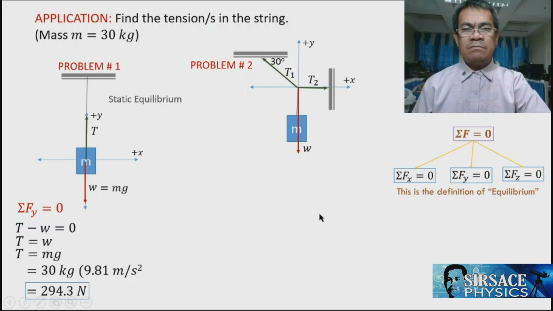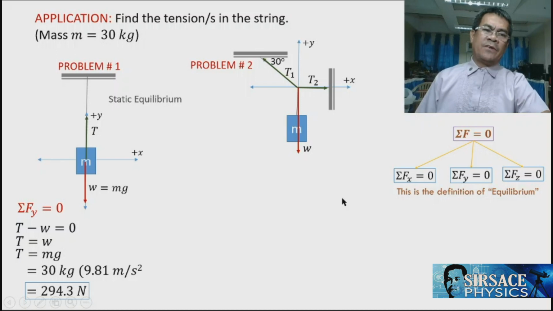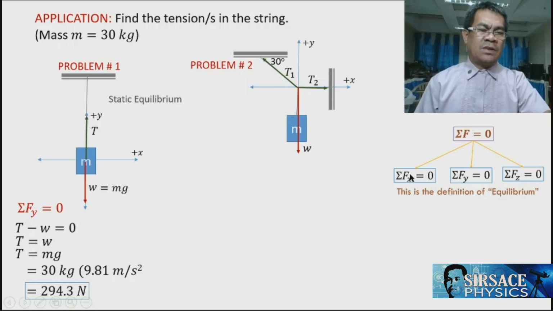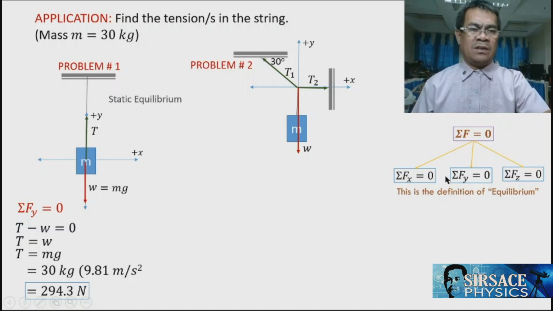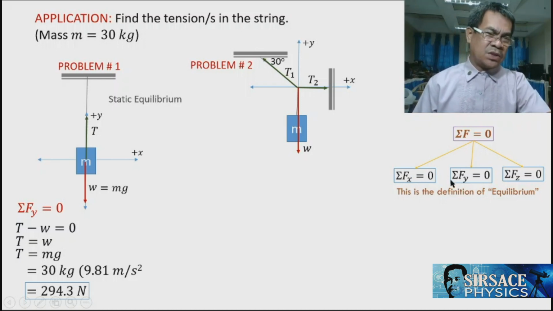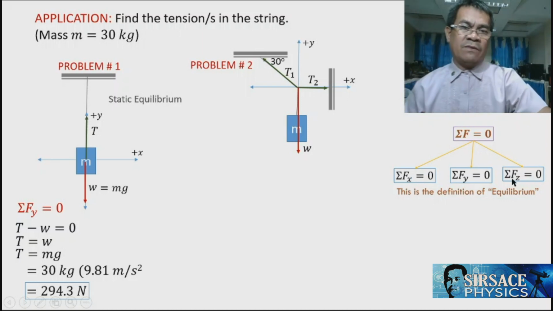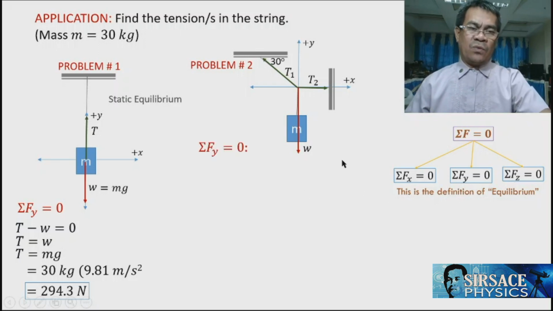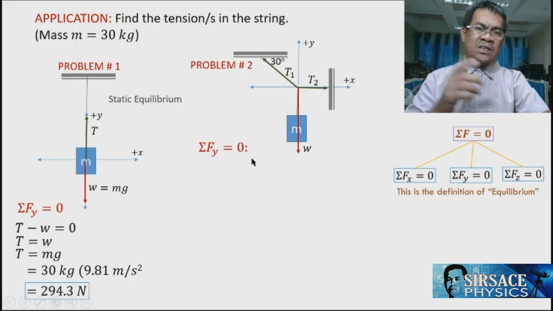So the first thing to do is to sum up forces along x or maybe along y. We have to use these two equations. Z, no need to use, because as I've said, there is no force along z. So we will sum up all forces along y.